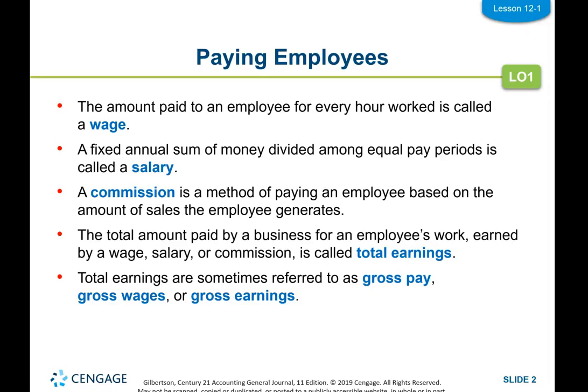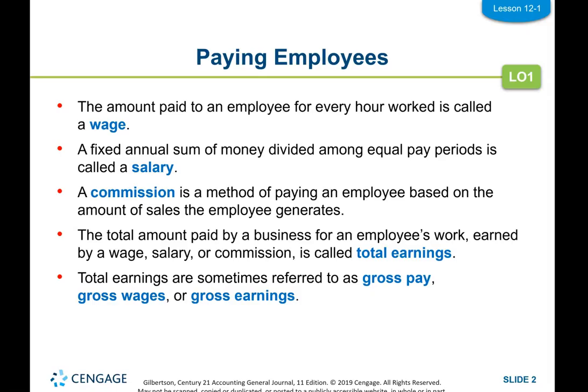Or you might work with a combination of those. You might work an hourly wage and also get a commission, or you might work a salary and also get a commission based on the amount of sales you generate or some other metric.